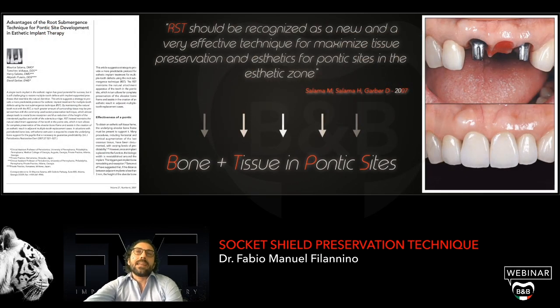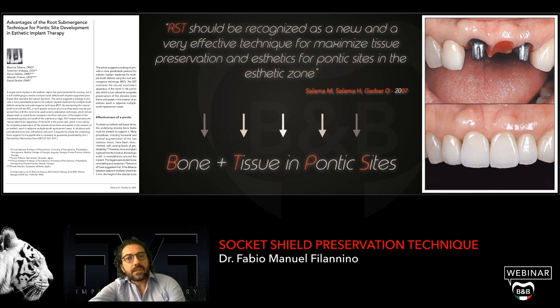About maintaining the root inside the bone when we have to decide whether or not to extract a tooth, we have in the literature, by the 1950s, some authors describing the technique of maintaining the root under removable dentures, total dentures.